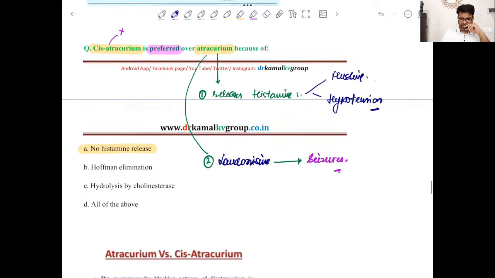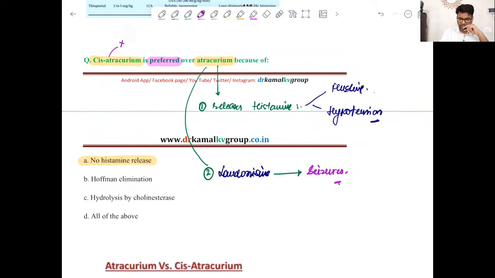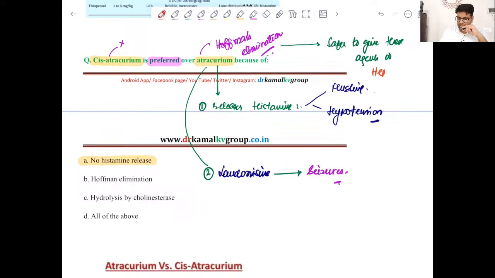And of course, I think most of you must be knowing that there is the concept of Hofmann elimination, where the drug is metabolized non-enzymatically, and there is no involvement of liver or kidney, and therefore it is safer to give these agents in hepatic or renal insufficiency.